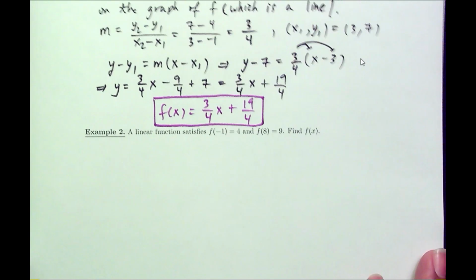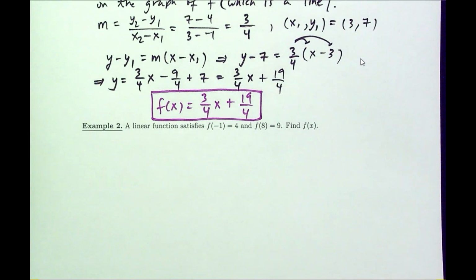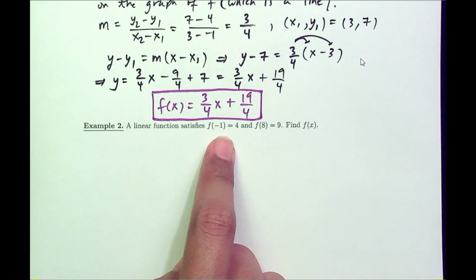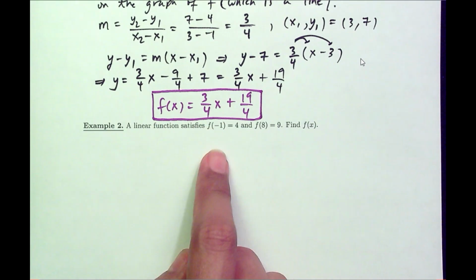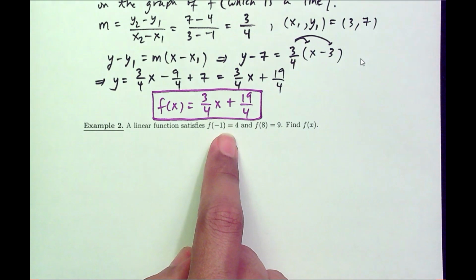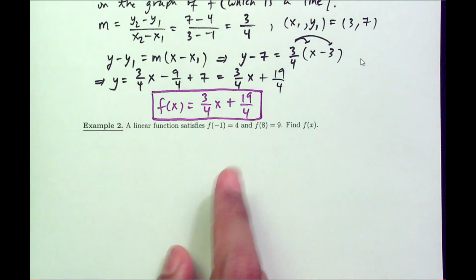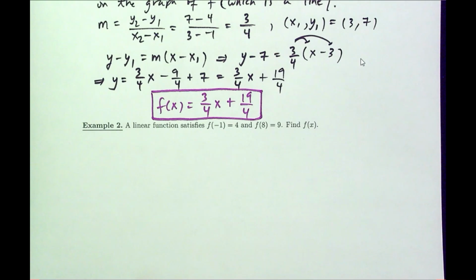Okay, let's do another one. Same thing, different numbers. So suppose I have a function that is linear. I'm looking for a linear function that satisfies f of -1 equals 4 and f of 8 equals 9. Find f of x.